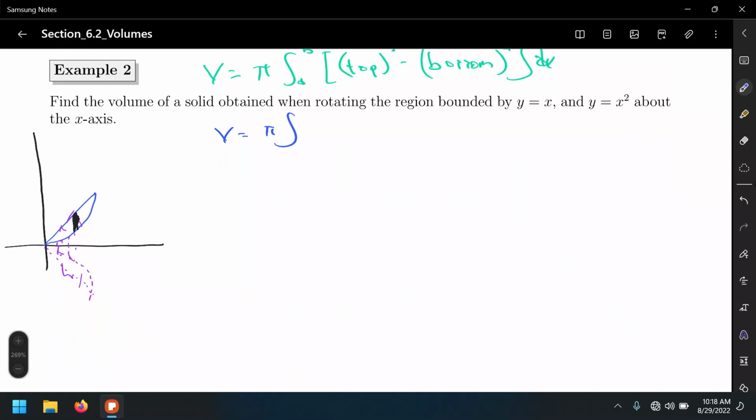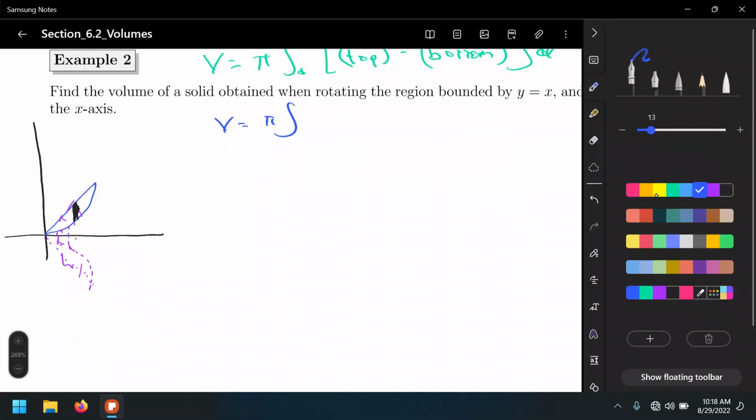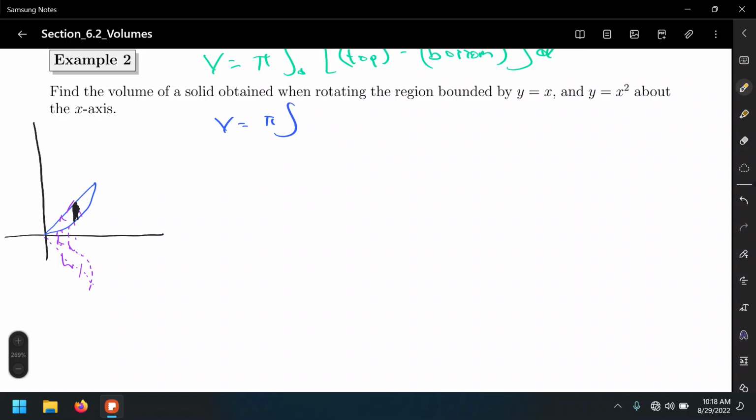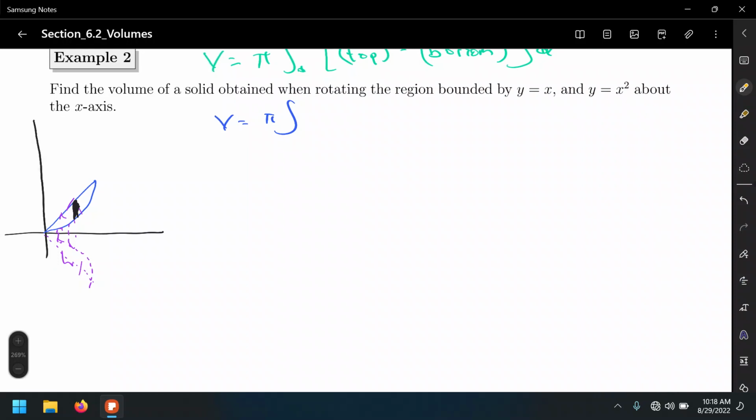So volume equals pi, integral, limits of integration. Let's go back to the limits of integration. Let's set the two equations equal to each other. That is x squared equals x, and then recall that we don't divide by x. We discussed this last time. We have to have all the terms on the left hand side, because when we divide by x, we are potentially dividing by 0, and we would be turning that equation into a first degree equation, giving us only one solution when we actually have a second degree.